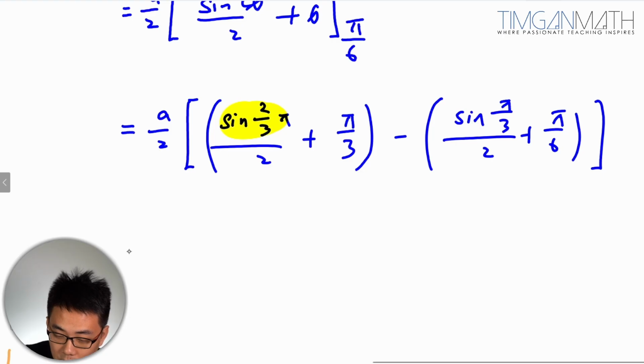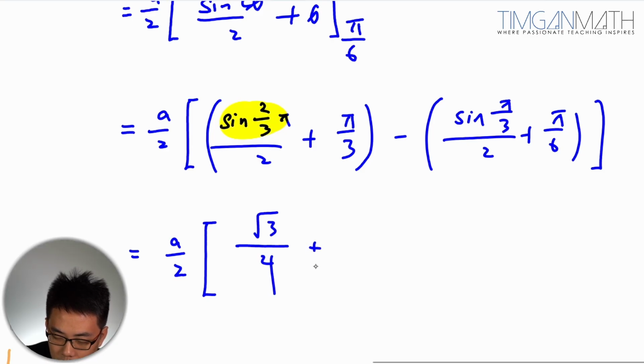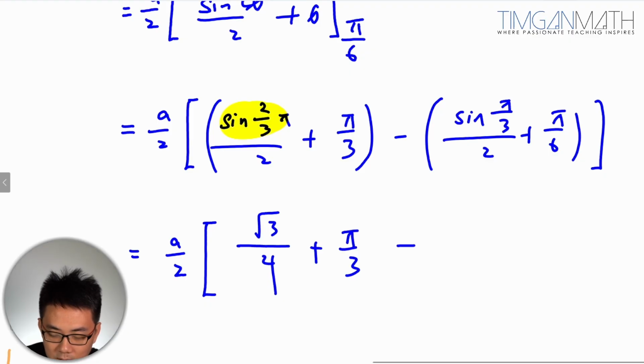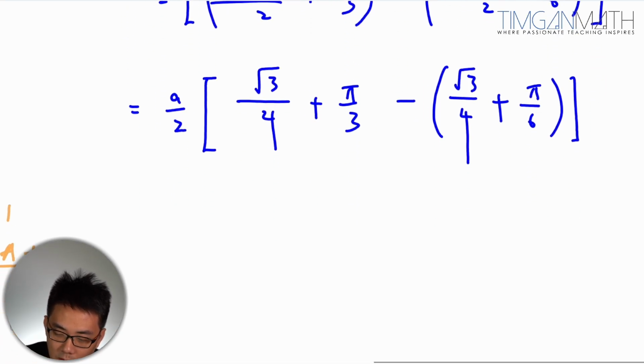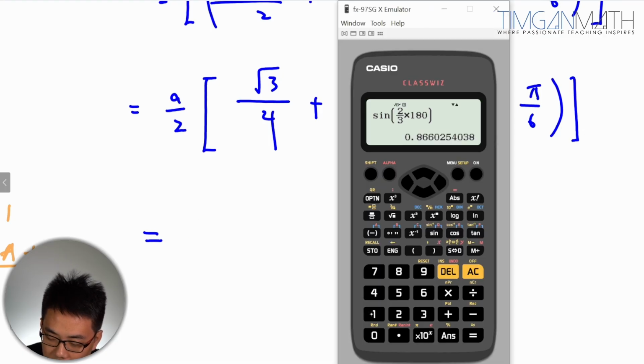So it's root 3 over 2, so this is root 3 over 4. Sine 60 will be root 3 over 2 as well. So it happens to cancel off each other. So pi 1/3 minus 1/6 will be 1/6.